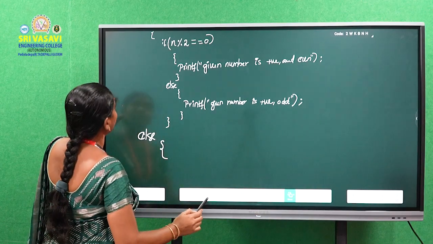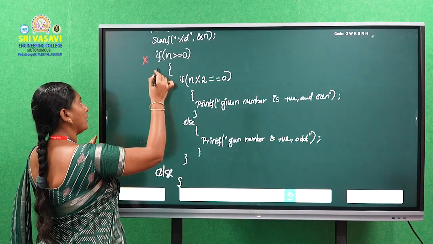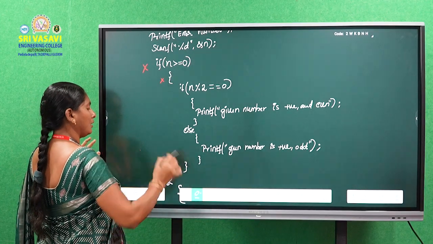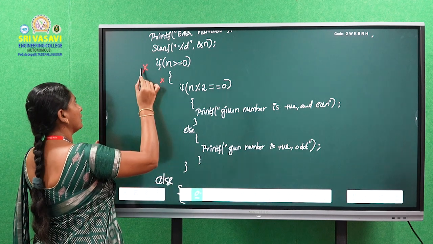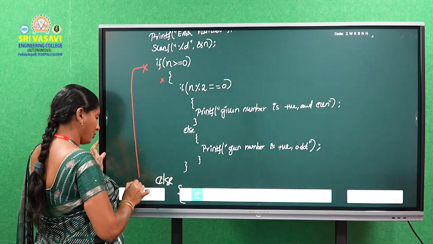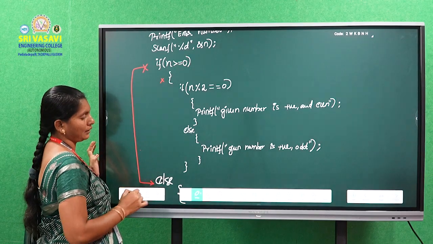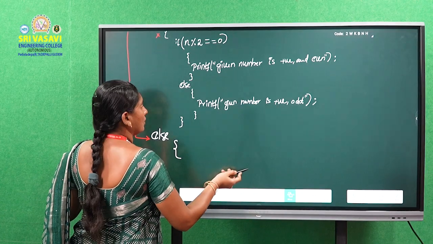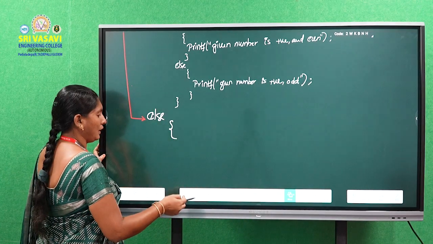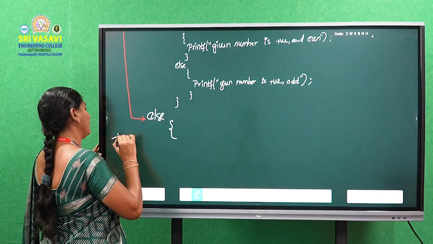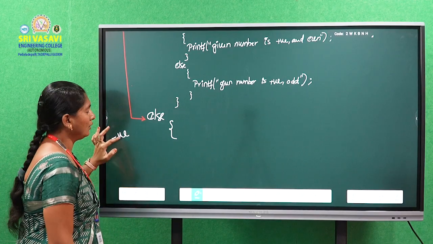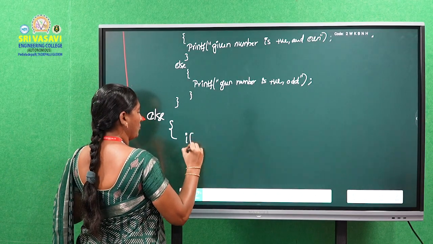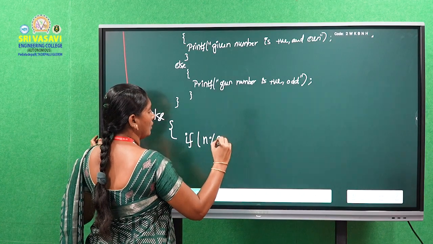Whenever this condition fails, the compiler will not enter into this if, right? Then where will the compiler go? The compiler will go to this else directly to execute the statements in this else. So condition fail means the number is negative. So again here I want to check whether that negative number is even or odd.